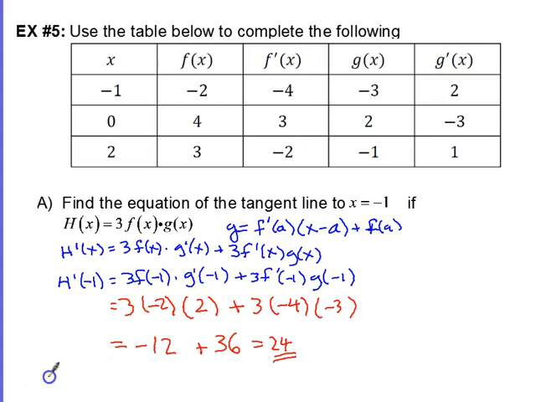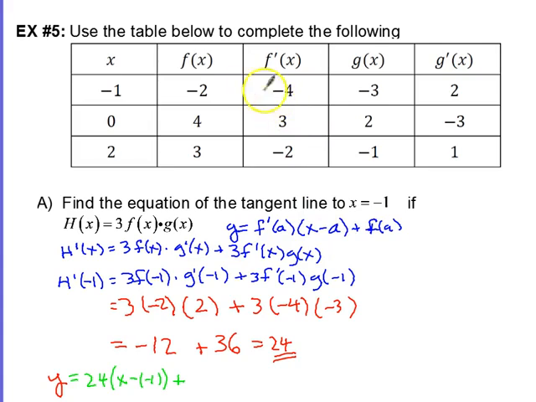Now, let's see what we've got here for our function. So let me do that in a different color. So that's going to be y equals f prime of a, 24, times x minus a. A was -1. Plus f of a.